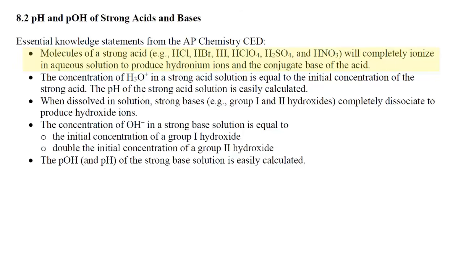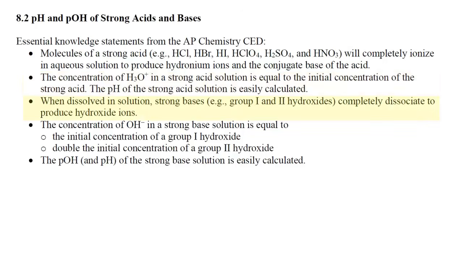These 6 strong acids will completely ionize in aqueous solution to produce hydronium ions and the conjugate base of the acid. The concentration of hydronium in a strong acid solution is equal to the initial concentration of the strong acid. The pH of the strong acid solution is easily calculated.